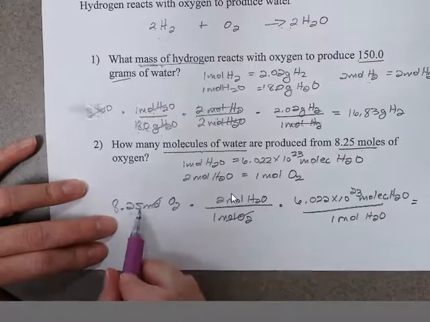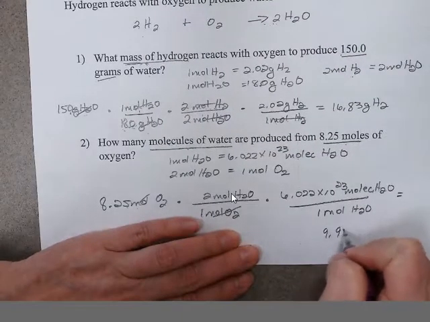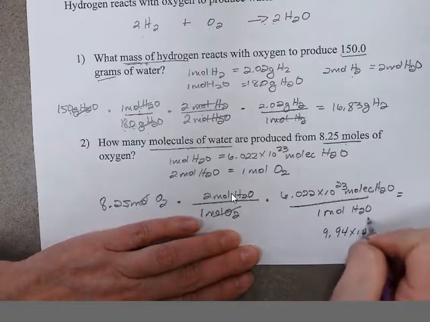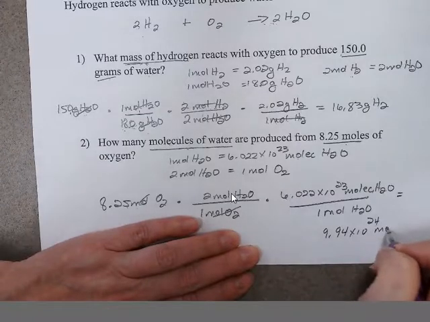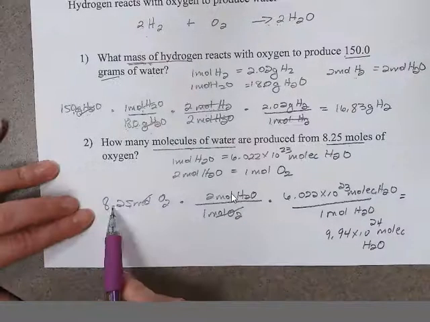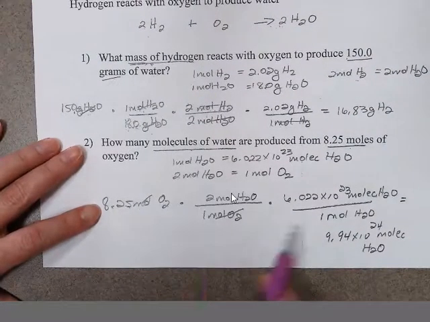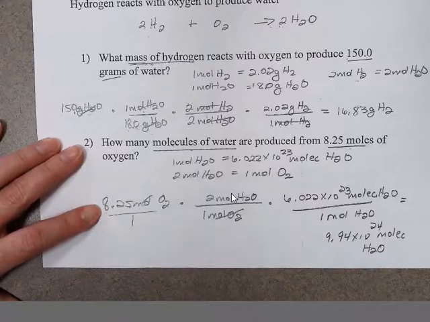And using correct significant figures, we end up with this many molecules of water. So this is 8.25 times 2 times Avogadro's. Because these are just ones. You can even make that 1. Okay. All right.